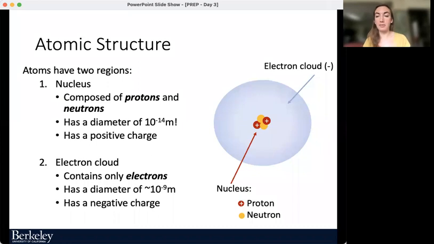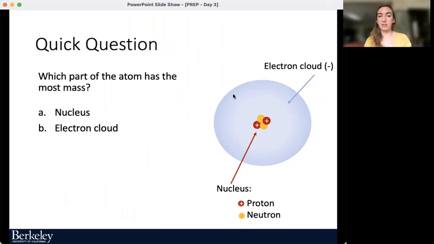Does anybody have any questions about this? Okay. So just to see how we're doing, which part of the atom do you think has the most mass?